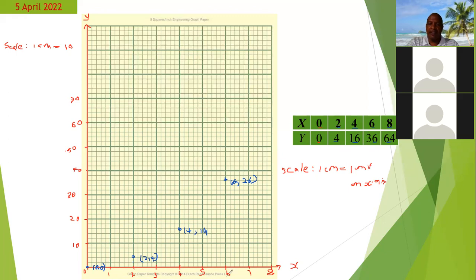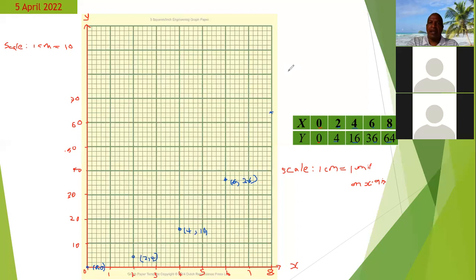So you go along the x-axis to 8, you're going up 64. So you count by 10, so you have 10, 20, 30, 40, 50, 60, but we want to go up 4 more. So we know each of the tiny boxes will be 2. So we go up 2 and then 4. And so we would be right here at this point.